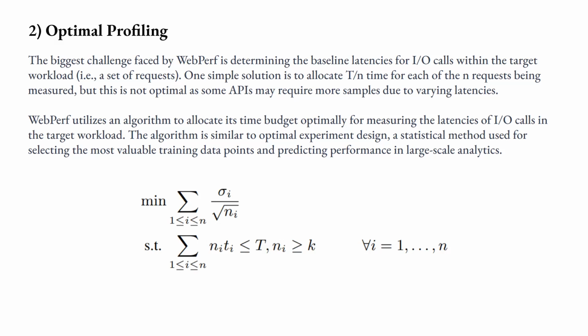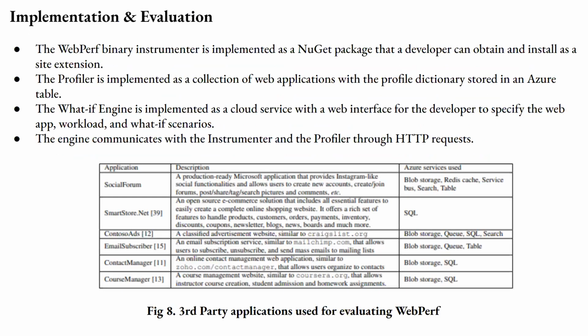It then uses the results of these measurements to refine the latency distribution and selects the next set of requests to measure. This process continues until the time budget is exhausted or the desired level of accuracy is achieved. By using this algorithm, WebPerf is able to optimize the allocation of its time budget for measuring latencies in the target workload, leading to more accurate performance measurements and predictions.